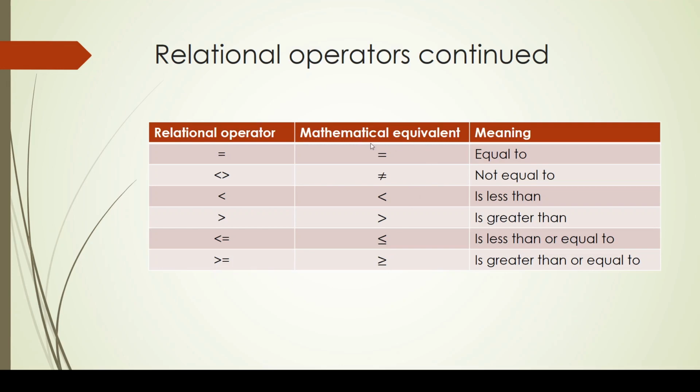These are the mathematical operators that you would normally use in maths, but in Delphi, these are the equivalent operators. Your equality operator, not equal to, less than, greater than, less than or equal to, greater than or equal to.